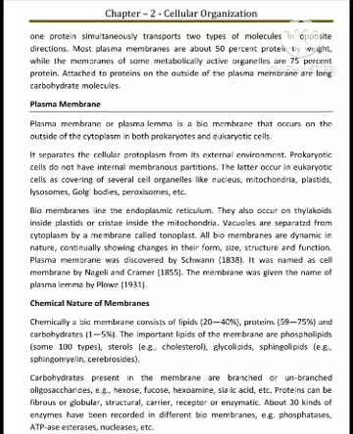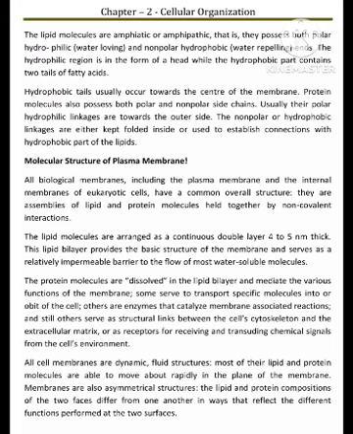Carbohydrates present in the membrane are branched or unbranched oligosaccharides, for example hexose, fucose, hexosamine, etc. Proteins can be fibrous or globular in structure. Next slide, lipid molecules are amphipathic, that is, they possess both polar and hydrophobic natures. So hydrophobic tails usually occur towards the center of the membrane. Protein molecules also possess both polar and non-polar side chains.